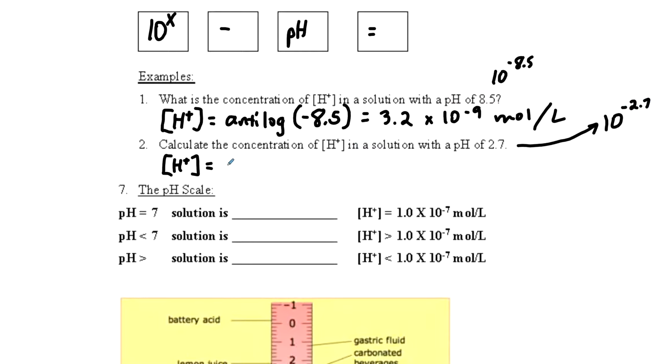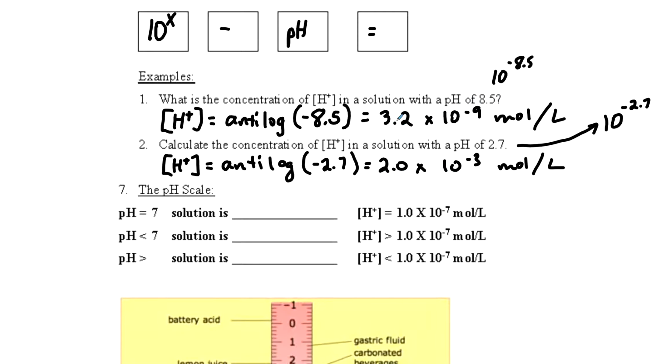So what we would do is we write it like this, but we use this button here. Okay, negative 2.7. And what you should come up with is 2 times 10 to the negative 3 moles per liter. Okay, so this is an acidic solution, much higher concentration of H plus compared to this one that's slightly basic.